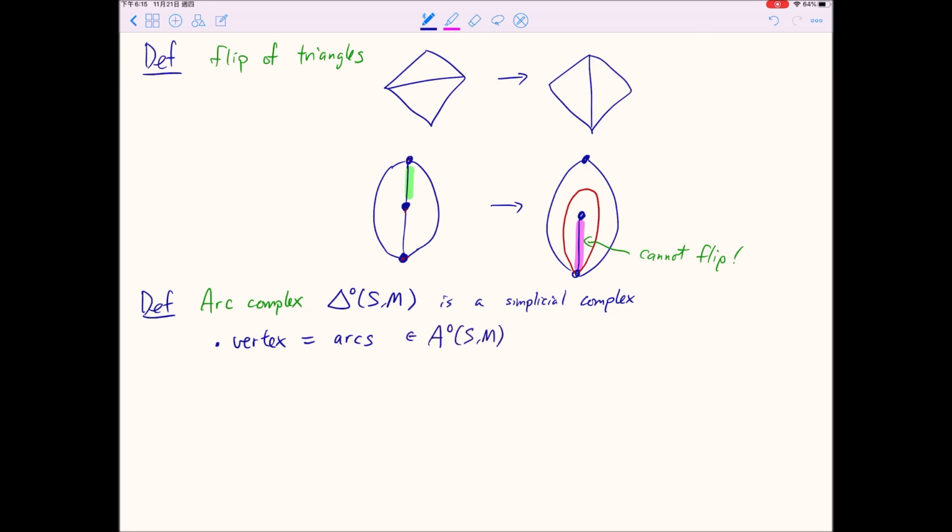Each vertex will correspond to an arc, and each simplex will be compatible arcs. And then of course the maximal simplex will be the maximal compatible arcs, and this corresponds to ideal triangulations.